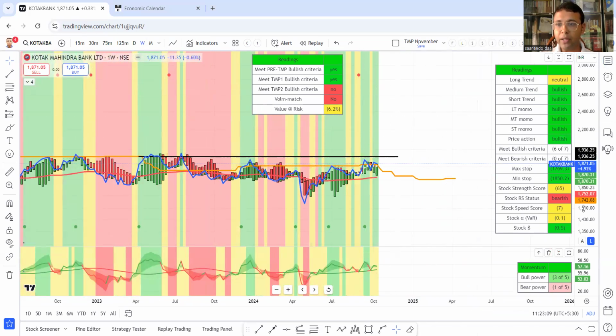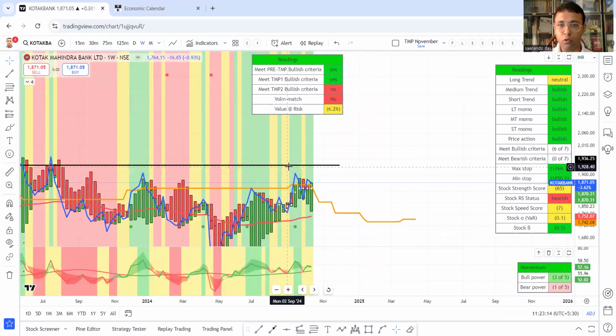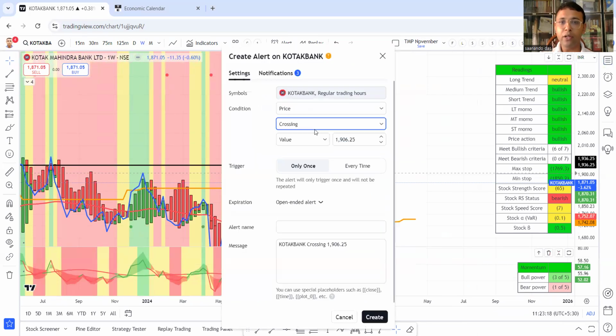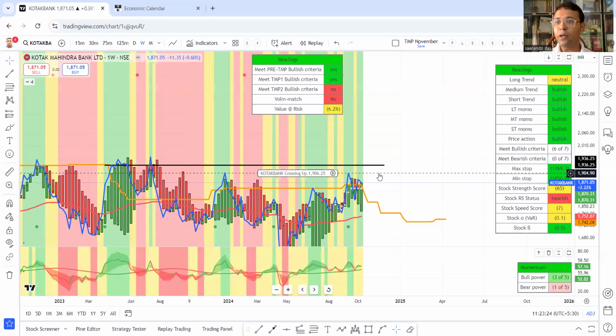So we can do several purchases. For example, when the stock moves up above this, we can do the first tracker, around 1900, say above 1907.